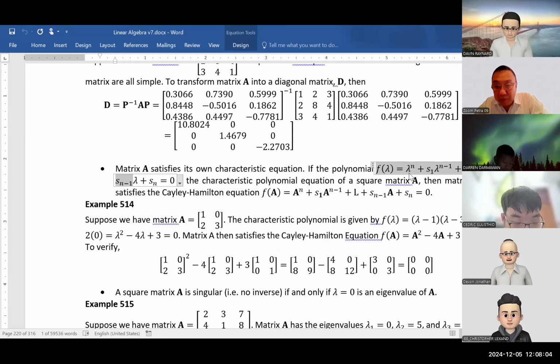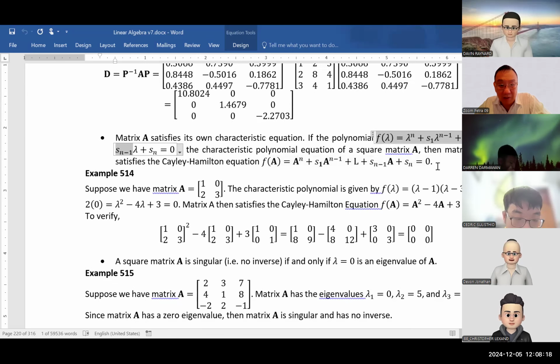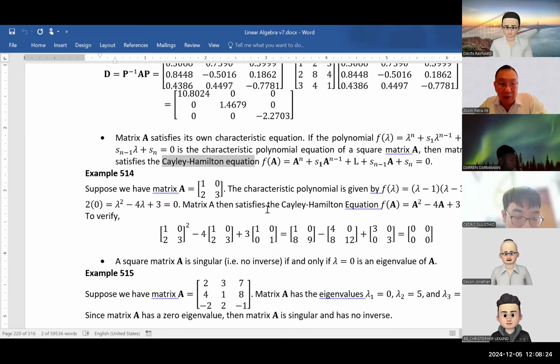You just change the lambda with A. You will find a function of A which is equal to 0. So this equation is called the Cayley-Hamilton equation.